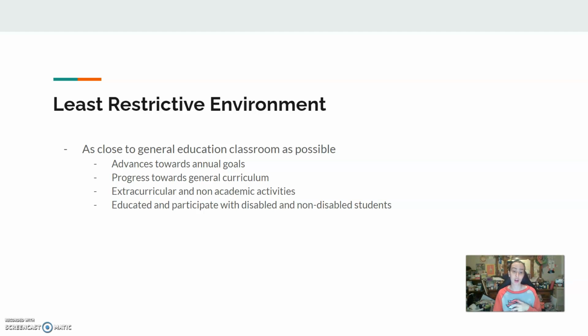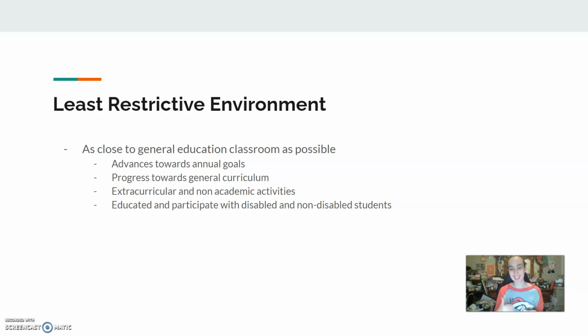The least restrictive environment also allows for the students to be involved in extracurricular and non-academic activities with their peers. For example, if there is a field trip, let's say you have a sixth grader and all sixth grade students are going on a field trip to enhance their social studies lesson.